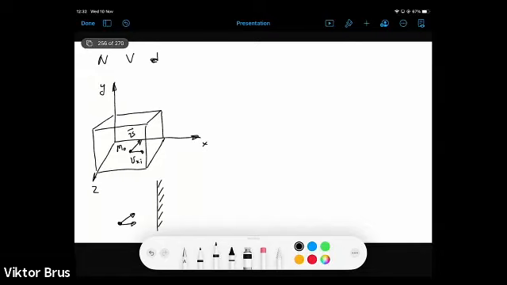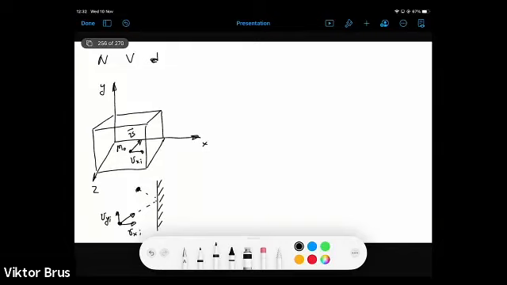We have projection Vxi, and then we have also another projection, let's say it's Vyi. The molecule interacts elastically with the wall of the container.